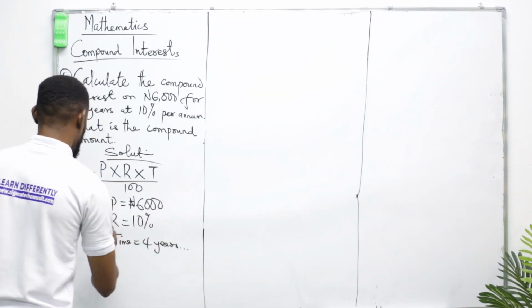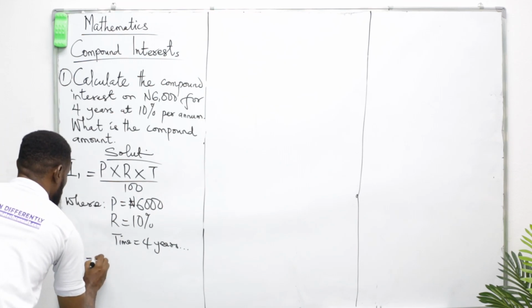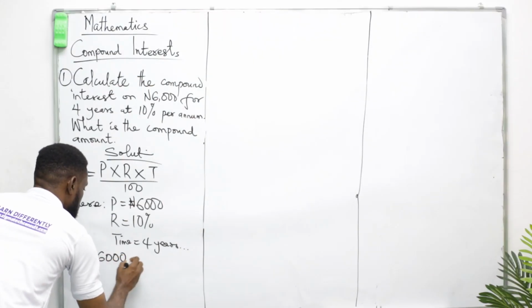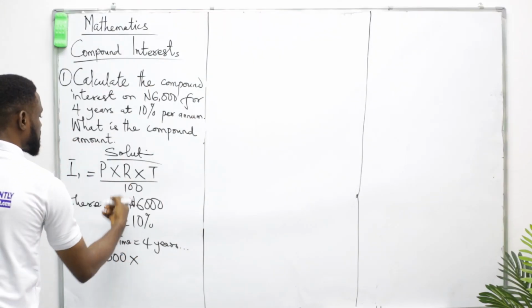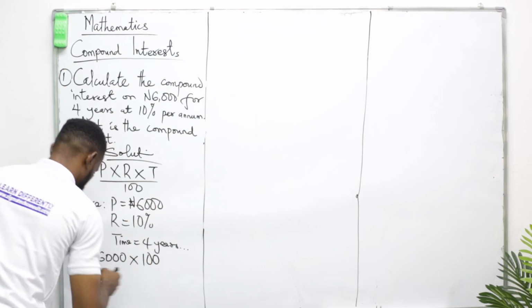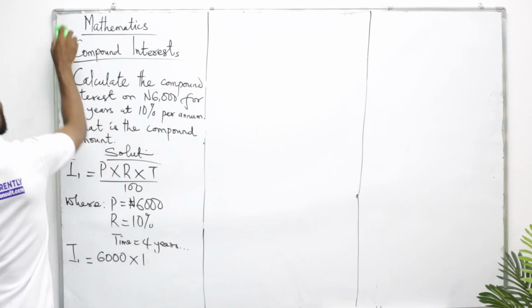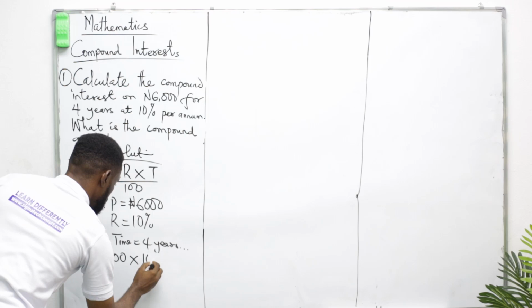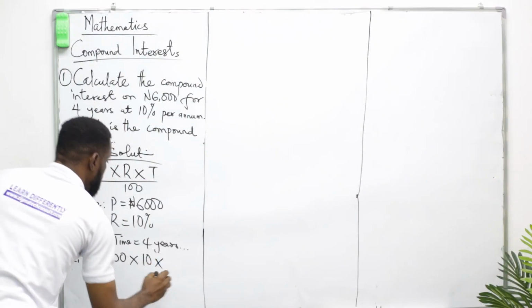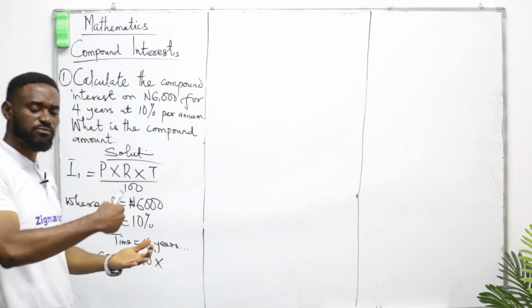Now, follow me. So we said that interest for year 1 will now be equal to P, which is 6,000, times rate, which is 10, that is 10 over 100, times. Now, I'm not going to put the 4 years because I am repeating this 4 times.